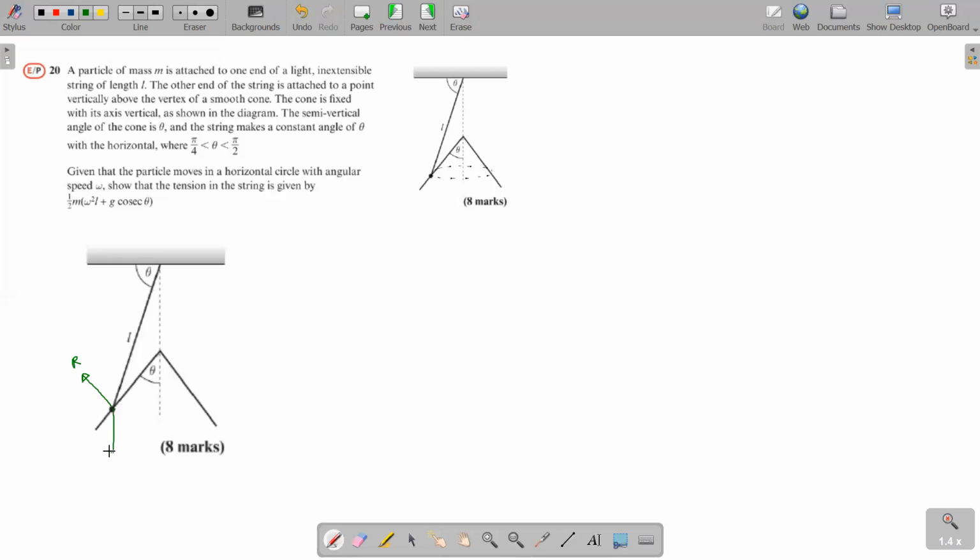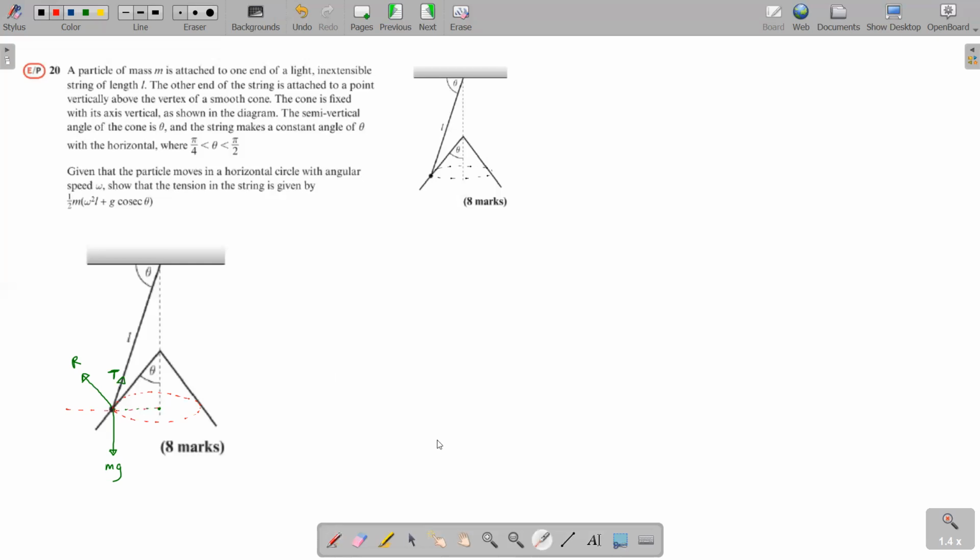The particle has mass m, so the weight is mg. It's moving in this circular path. And we have the tension in the string. So this is the tension. Guys, you need to mark all the forces.